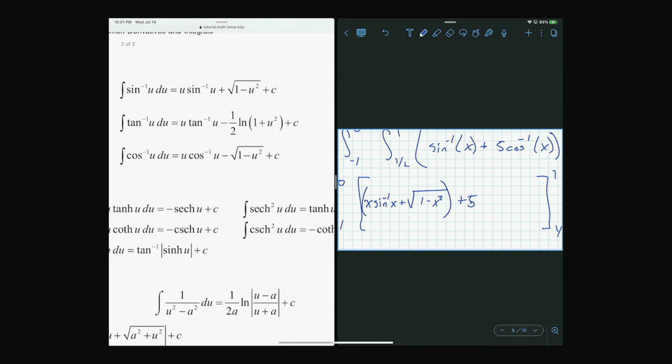Third one on the list. So I'm going to put a 5 on everything. 5x cosine inverse x minus square root 1 minus x squared. Yikes. Is what it is.